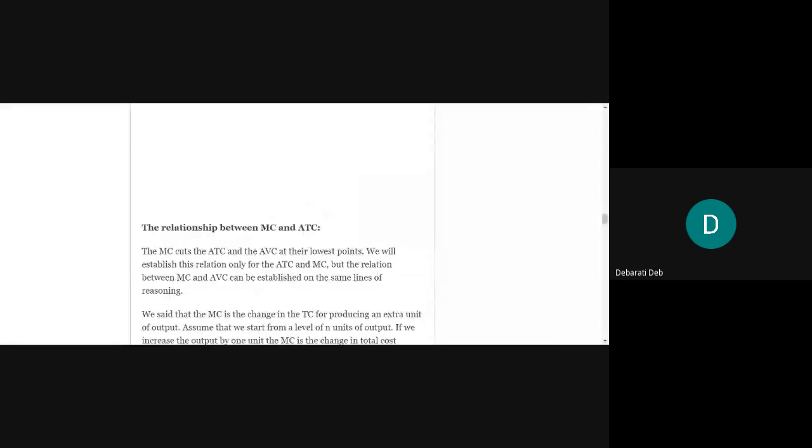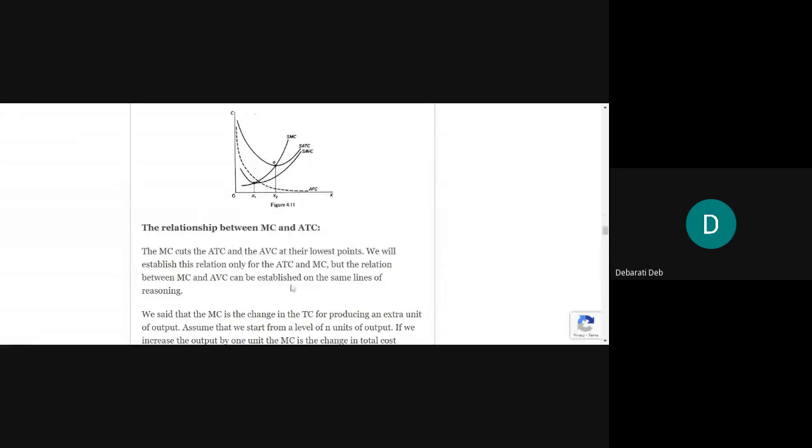And also maintain the general rule of keeping this MC as a U shape. If you stretch this, it should be a U shape. Like that you have to draw. You will start the marginal cost curve just above the origin, and then you will cut X1 and X2.